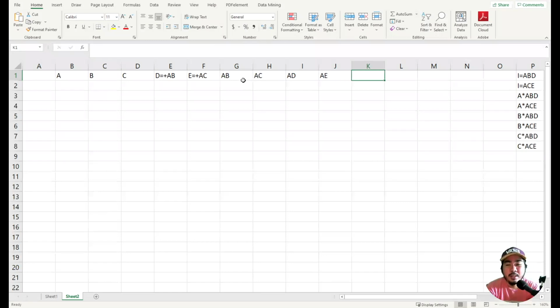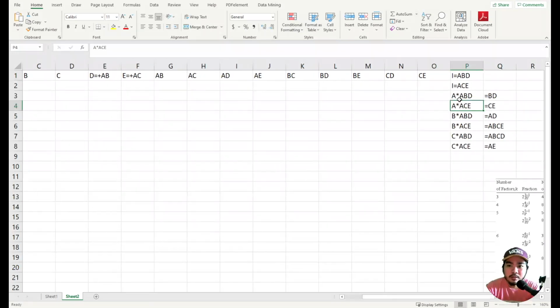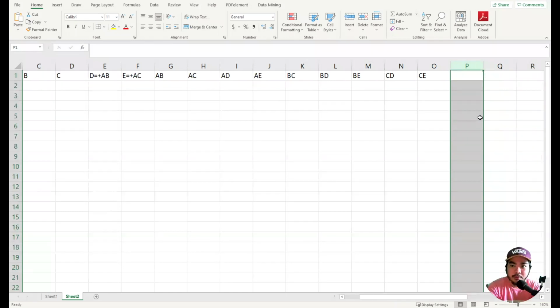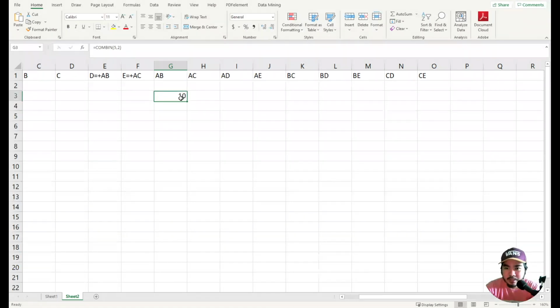Tapos we have A, BC, BD, BE. Tapos last is CD, CE. Kulang pa ba? This is equals combine 5 taken 2 at a time. Dapat meron tayong 10. So we have 1, 2, 3, 4, 5, 6, 7, 8, 9, 10.